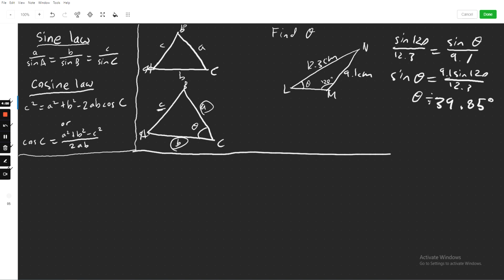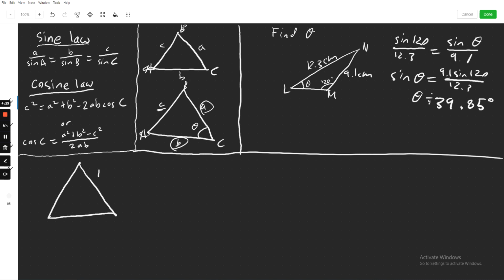Okay, so we could do it over here. A neighbor claims that their lot is triangular. One side is 430 meters, and the adjacent side is 110 meters. So we just draw this. Let's see. Okay, so we have one side, which is 430 meters.